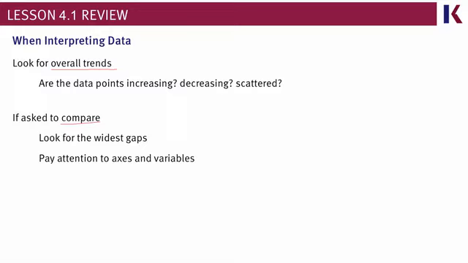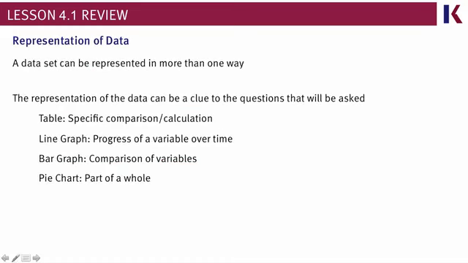And it's always a wise idea to know what the graph, table, or chart is representing by looking at the axes and variables that have been identified. Data can be represented in multiple ways on test day. Thus, the way the data is represented can give a hint as to how the MCAT will ask you to interpret that data. More specifically, for a table, we'll often be asked to compare specific cells or specific trends that exist within that table.